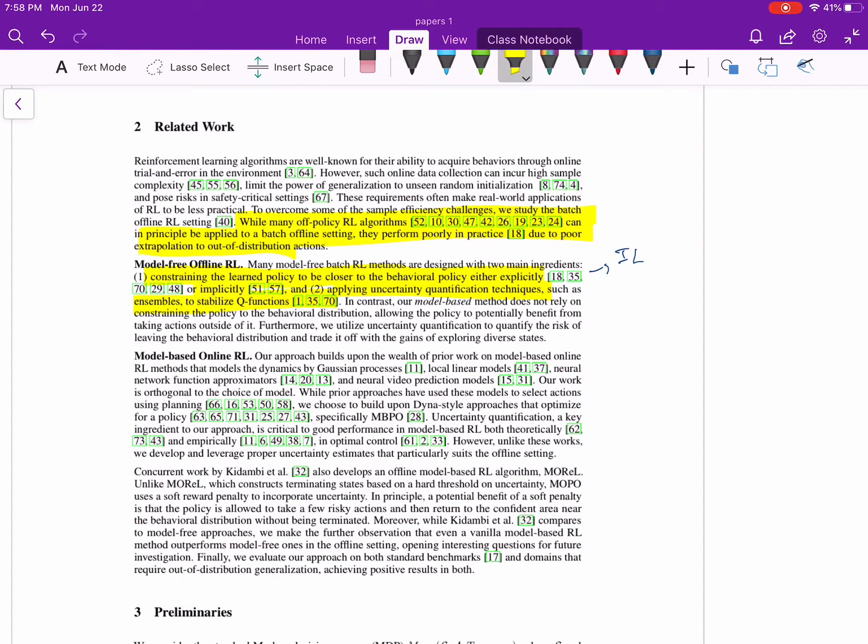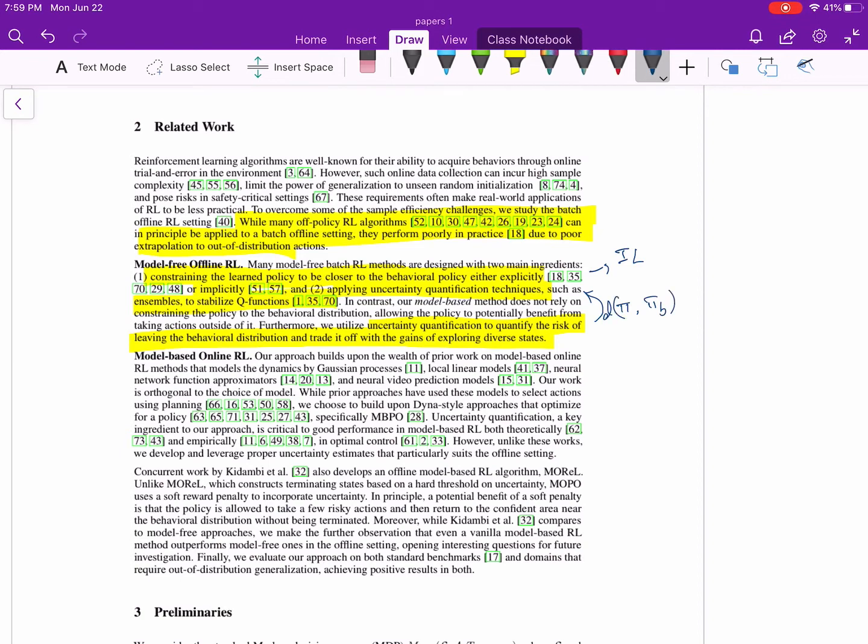Furthermore, we utilize it to quantify the risk, leaving the behavioral policy. Okay, so the second point is more towards dealing with the difference of policies from the algorithm and the behavioral policy.